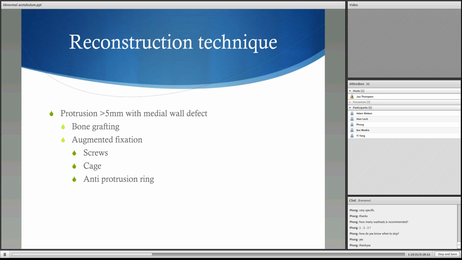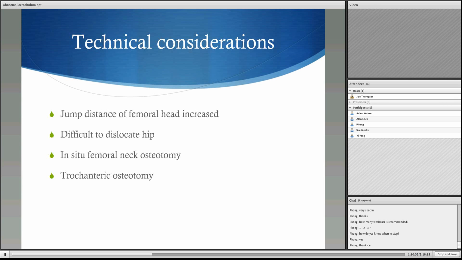So with regards to the degree of protrusio, in patients with mild protrusio less than 5 millimeters, you can essentially perform a normal conventional total hip replacement. Where the protrusion is more than 5 millimeters but the medial wall is intact, using morselized bone graft, either allograft or autograft, is acceptable. It shows quite good incorporation.